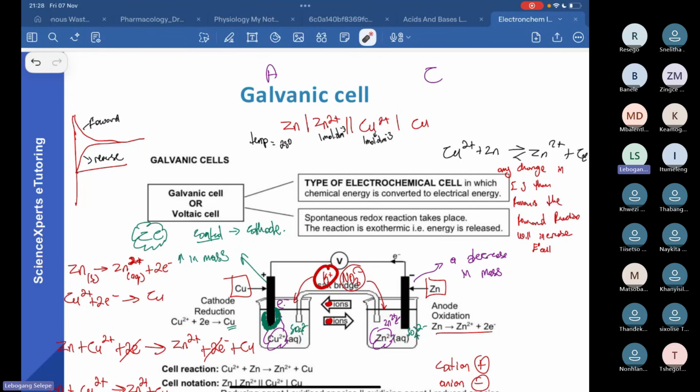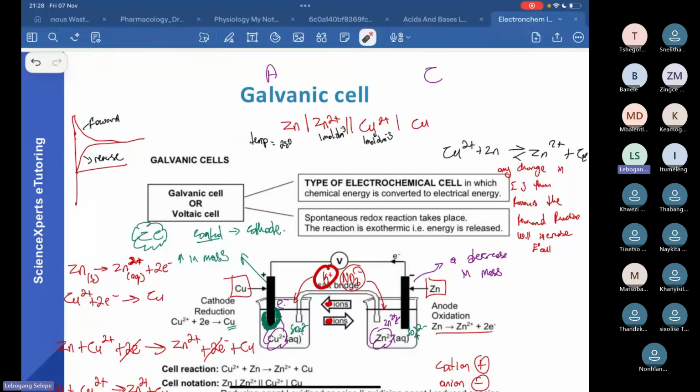Or I can remove Zn2+ from this container, decrease the concentration of Zn2+. So I decreased this, and to increase it, the reaction would favor the forward, right? So when the forward is favored, it's going to increase the cell potential.